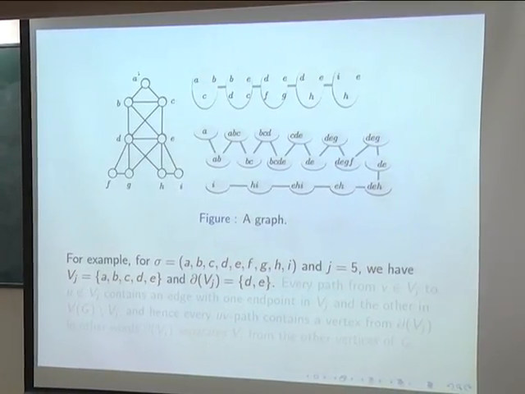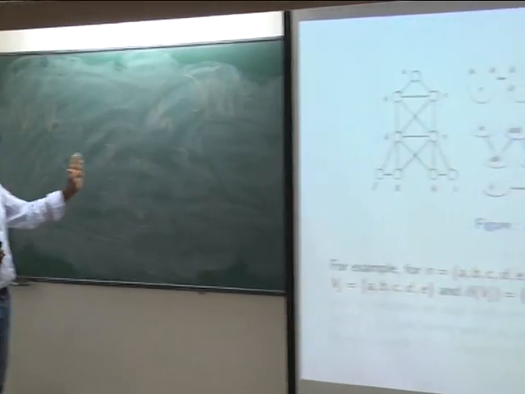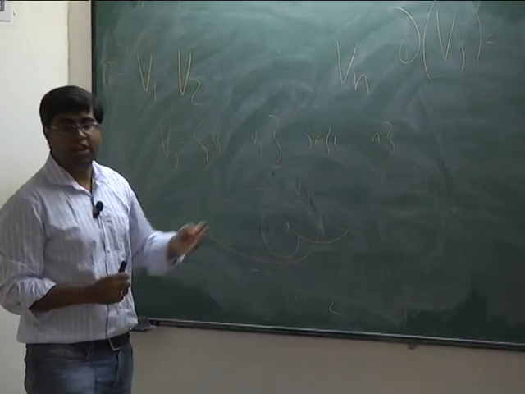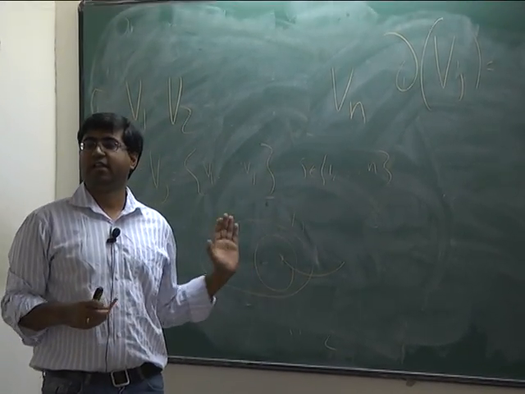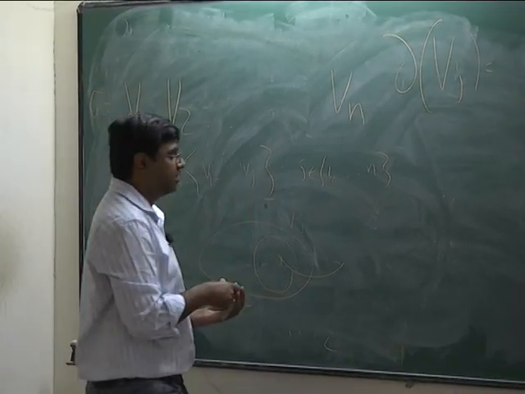Just a few definitions. I had an ordering of the vertices. By V_j, I mean first V1 to Vj, and by boundary, I mean those vertices which have a neighbor which is not in V_j, that is, in V minus V_j.